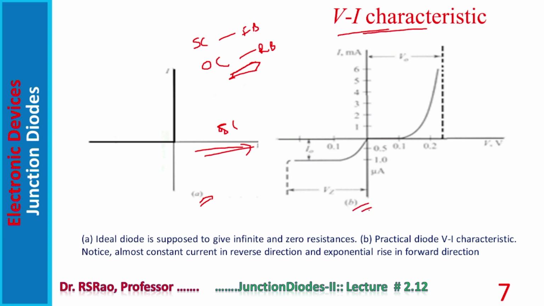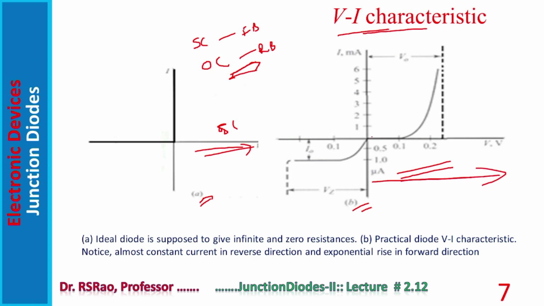In B is shown current voltage characteristic of a practical diode, PN junction diode or semiconductor diode. First we consider forward biased diode, means this side, positive voltage side.